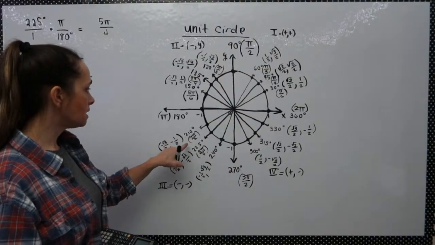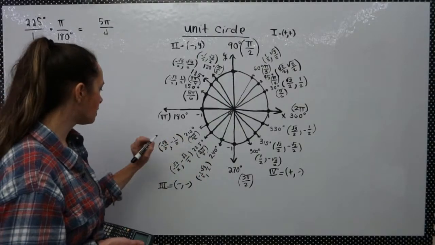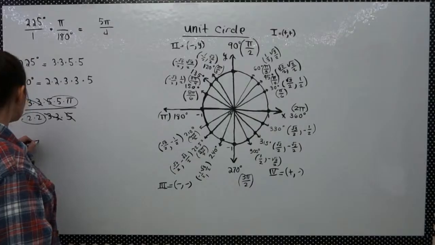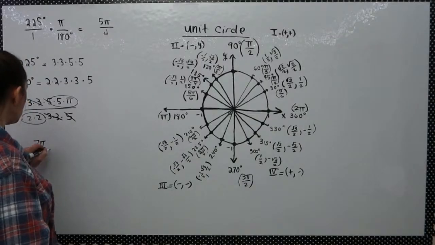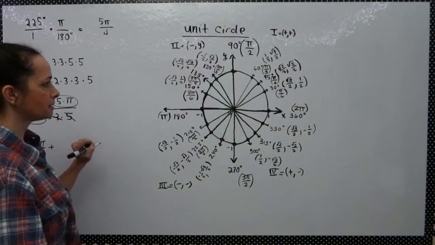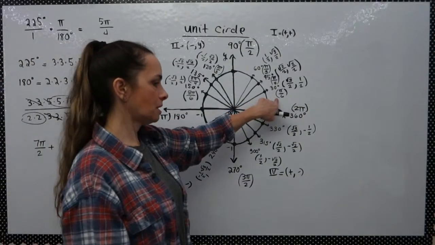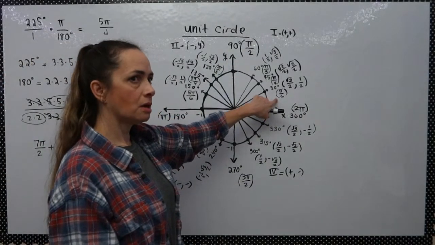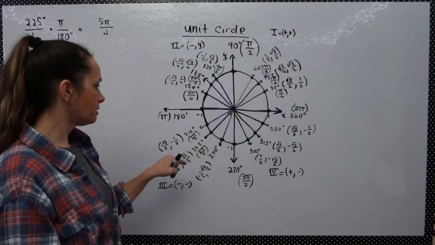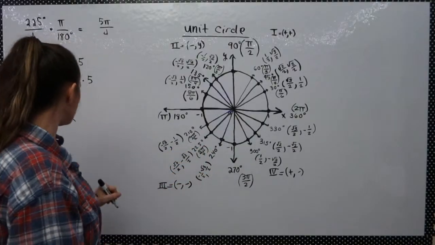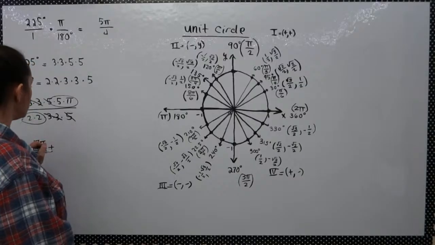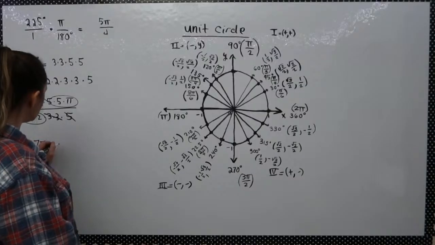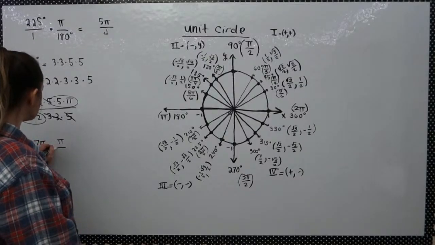So I can take my 7 pi over 2 here, I already found 7 pi over 2, and I can add pi over 6 to that number. And it's going to give me the radian measure. So we'll find it this way, and then we'll turn around and we'll check it the other way. How about that? So 7 pi over 2 plus pi over 6.